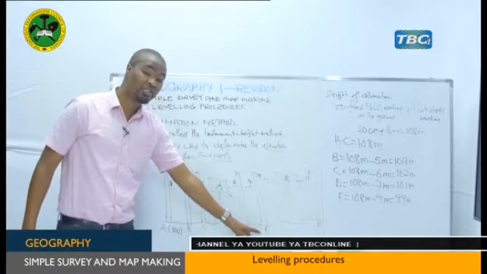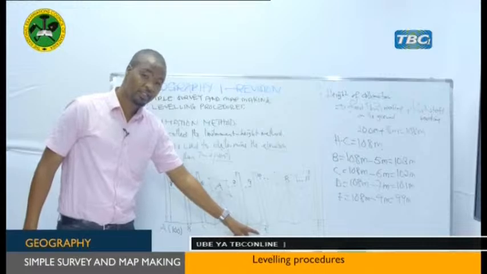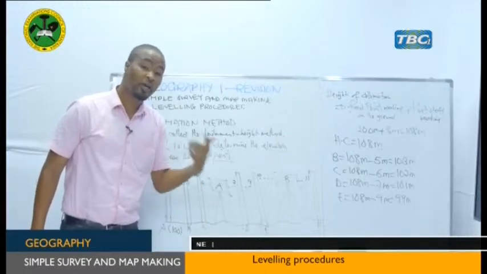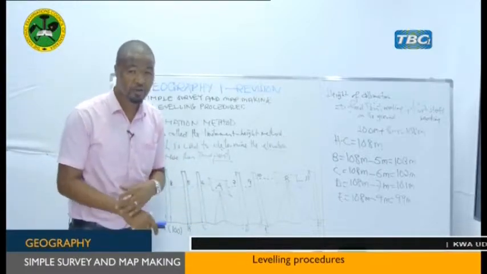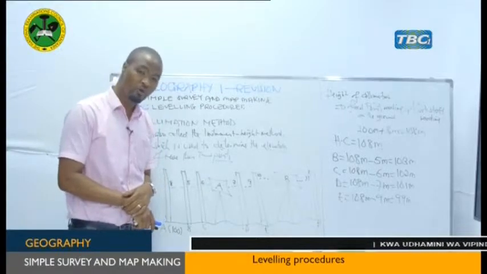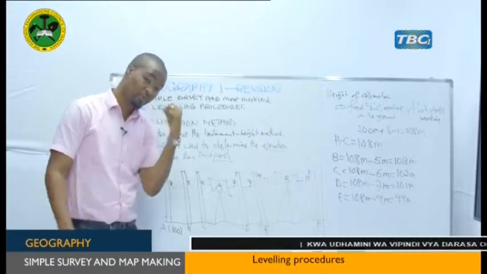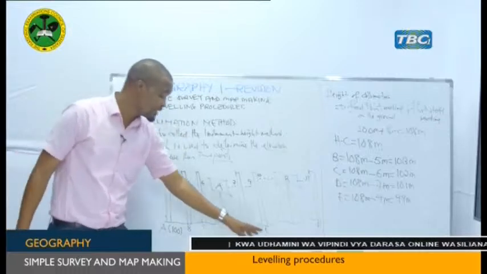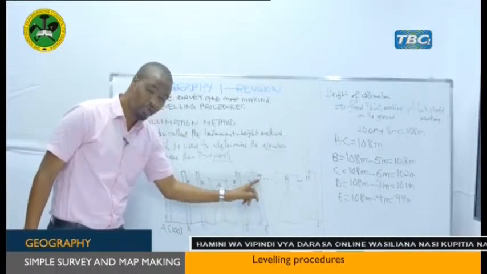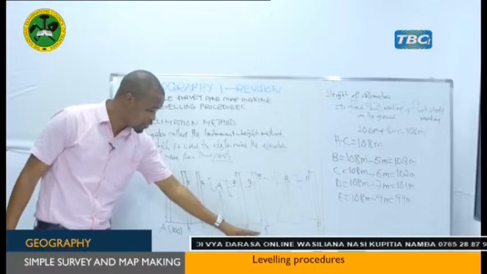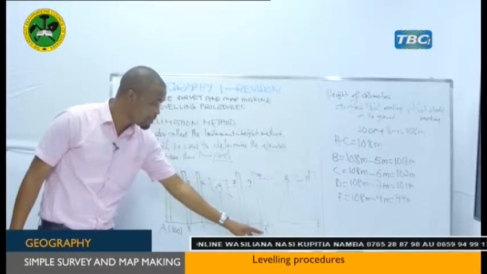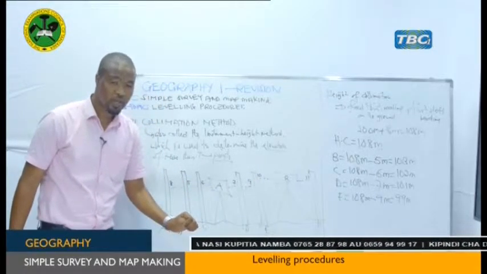If you find the changing point, then at the changing point you have to find the new height of collimation. It means the second height of collimation. So how are we going to find the second height of collimation? As I explained earlier, we take the staff reading, which is 10, plus the fixed point reading on the ground, which right now is 99. Are we together?